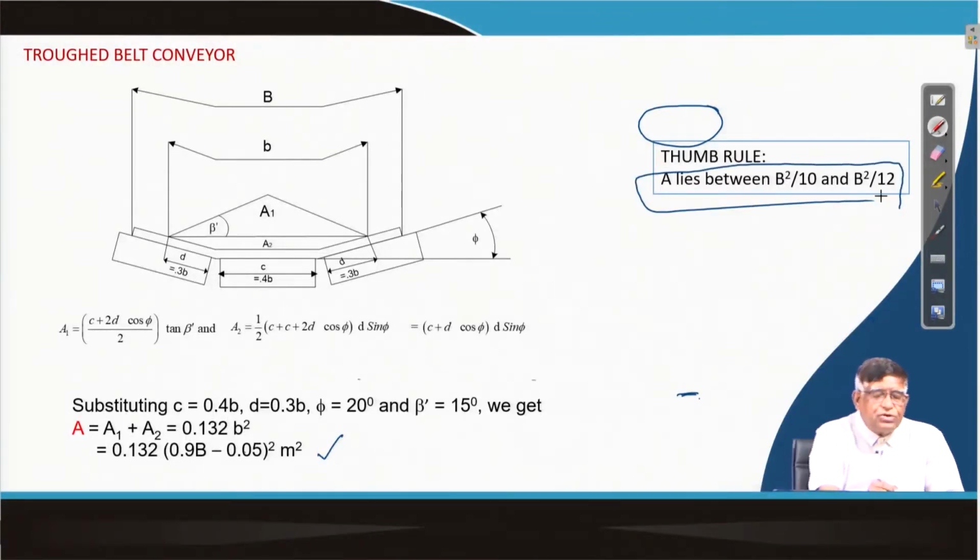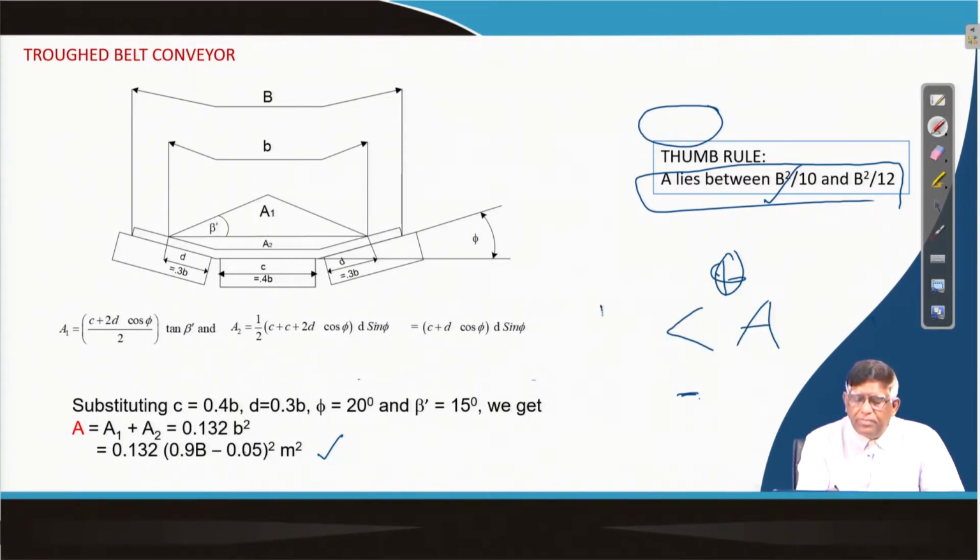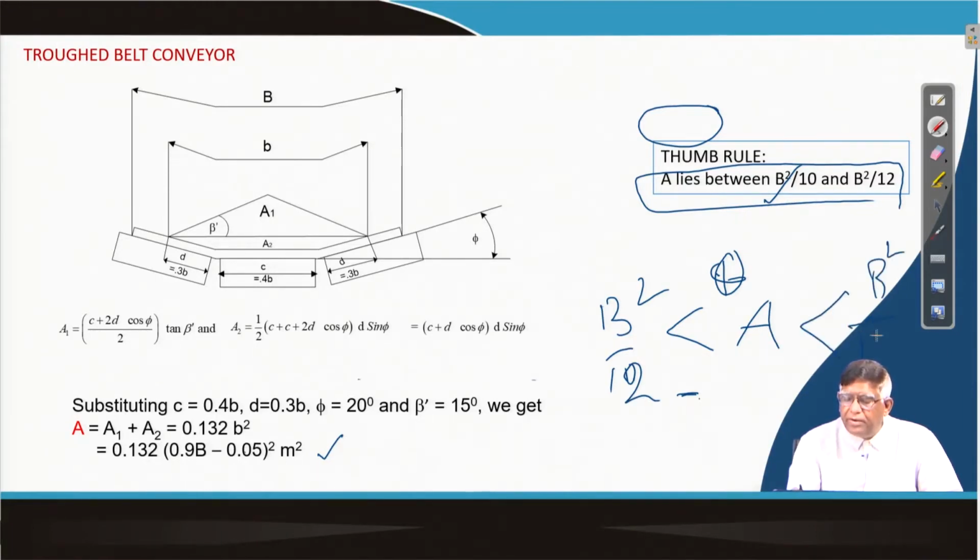This cross-sectional area depends on the width of the belt: the area will lie between B square by 10 and B square by 12. So within that, the area will remain.